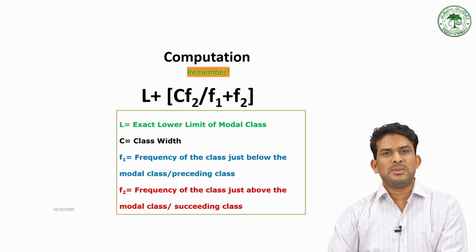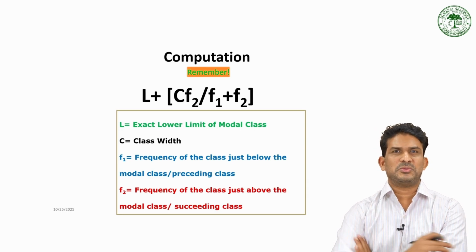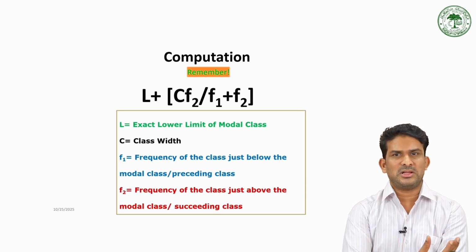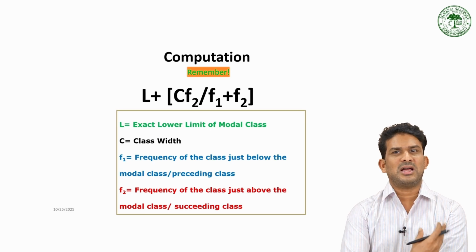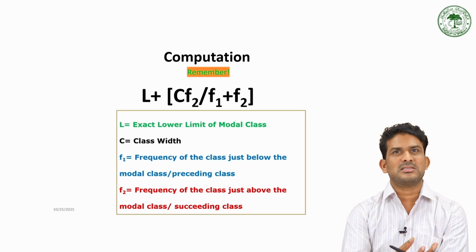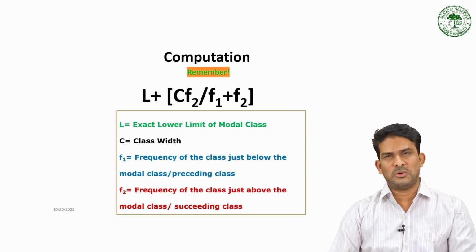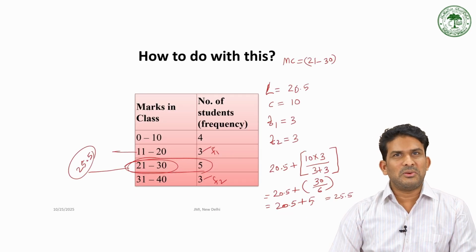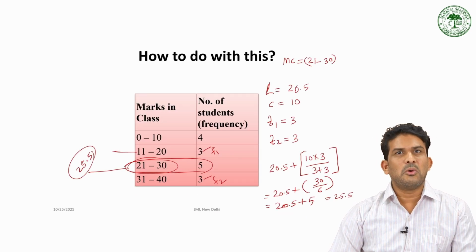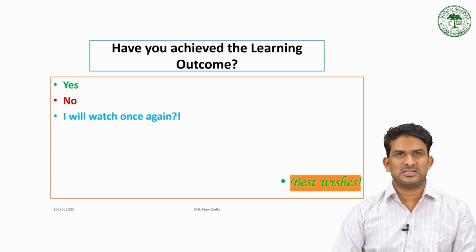Clear? Similarly, we have F1 and F2. F1 is the frequency of the class just below the modal class, and F2 is the frequency of the class just above the modal class. We have calculated modes for both types of questions.